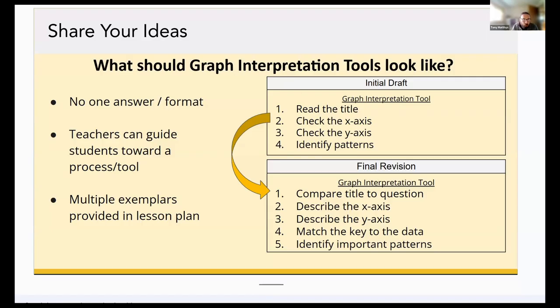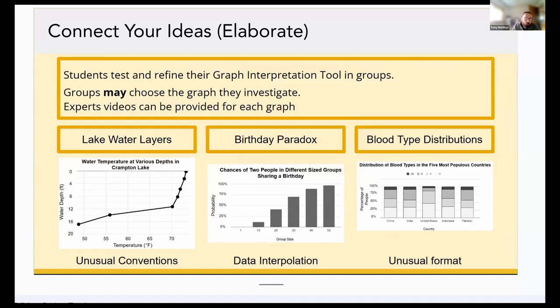The last thing that I'm going to mention here is that for each graph, we also include a video of an expert going through the same process that the students did, so students can compare their process to experts. Then in the Connect, that's all about testing and refining that process that they made. So can you use your scaffold?